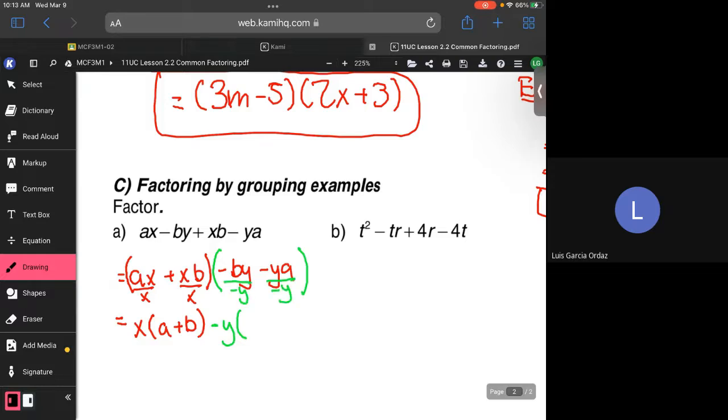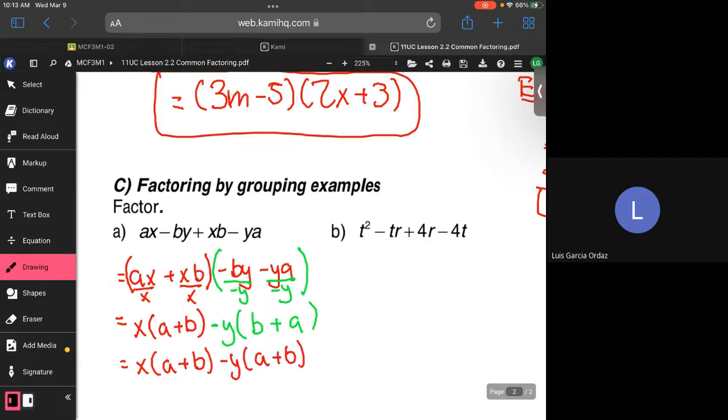So what's left in my bracket? B plus a. Because negative divided by negative gives me a positive. And based off what we did on the top, how else can I write b plus a? I can write it as a plus b.